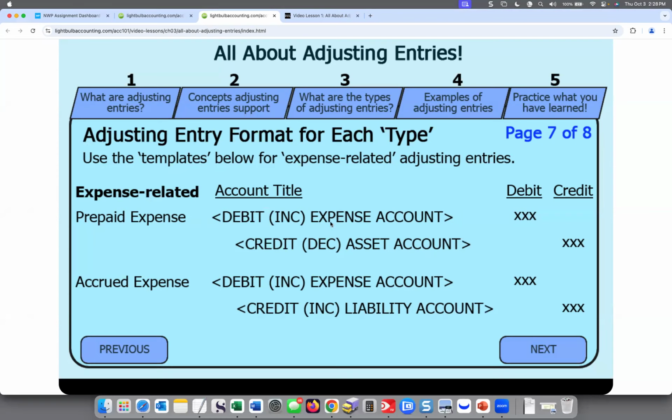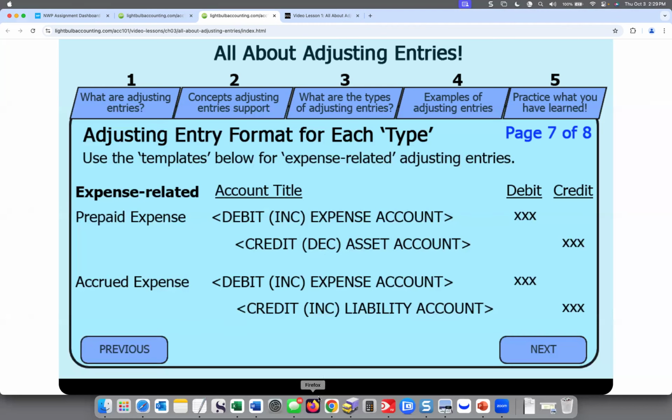Now, again, with these adjusting entries, be very specific. All right. And then we're going to credit an asset. Now, when we credit an asset, as you know from your debit credit rules, crediting any asset decreases it. In fact, I have a little reminder here of what you're doing when you do that. So which asset makes sense to decrease? We're going to decrease the supplies. Yep.